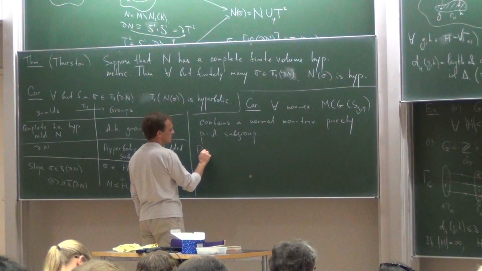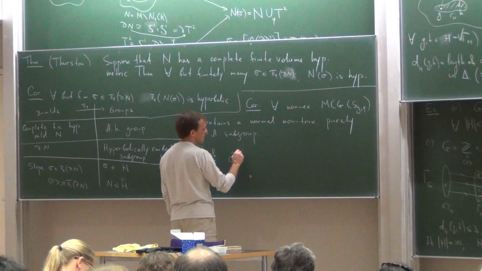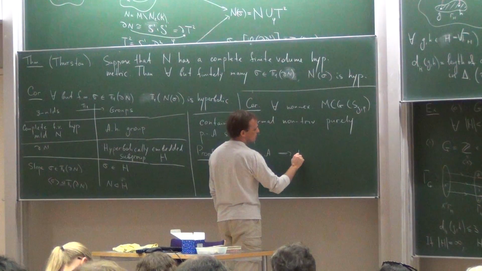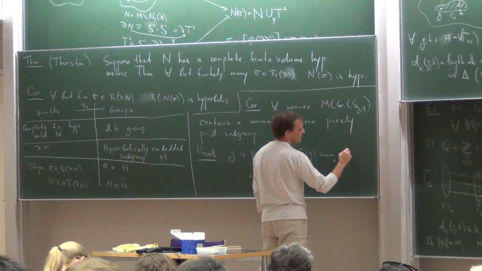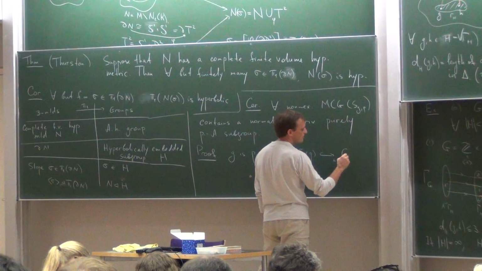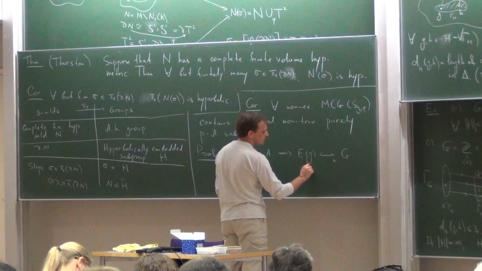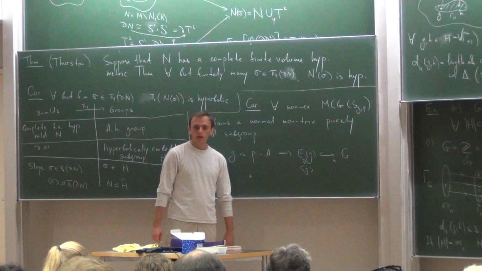So first the proof. Take g to be pseudo-Anosov. Then you know that the elementary subgroup corresponding to g is hyperbolically embedded into G. So without loss of generality, by passing to a subgroup of finite index, you may think that g is normal here.